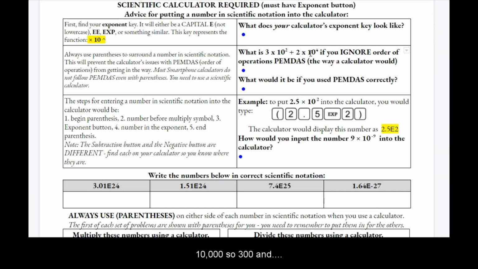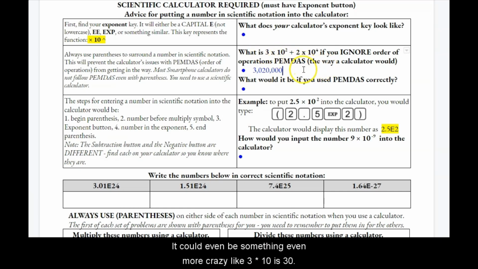So 302 plus 4 more zeros. Yeah, so that would be like 3,020,000, something like that. It could even be something even more crazy, like 3 times 10 is 30. 30 squared is 900?